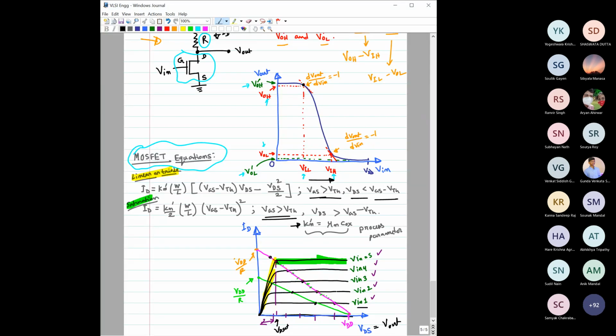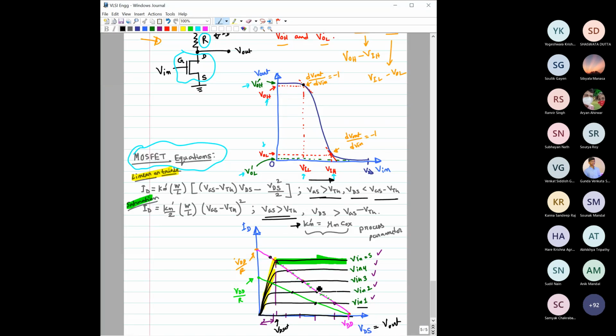When you go to V in 1, it is here, so it directly comes from here to here. Then for V in 2, it is here, and for V in 3, it is here. So the transition is quite fast for this green case. That means this fall would be much faster for the green line compared to the pink line. We will see all this in much more detail.